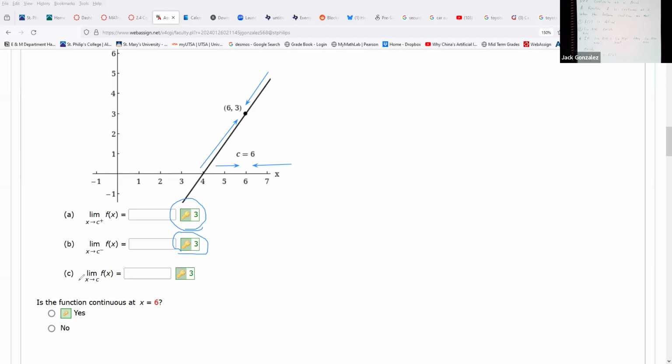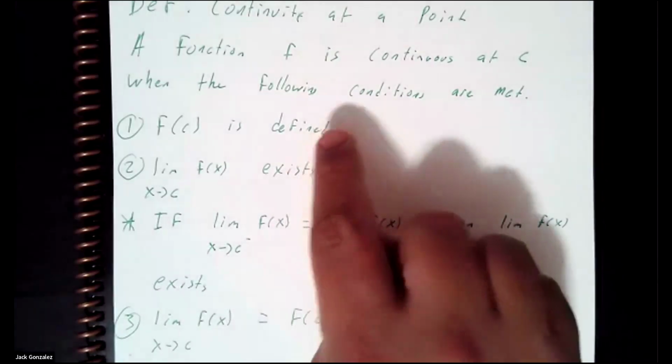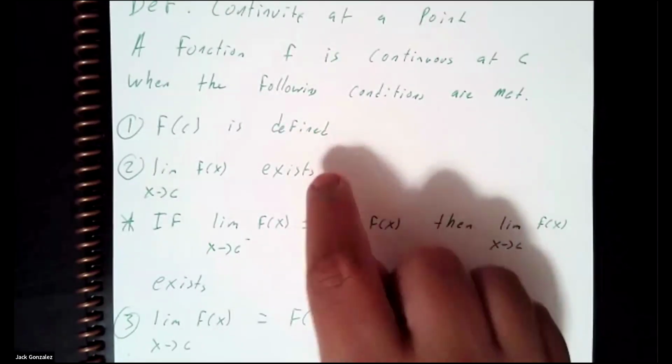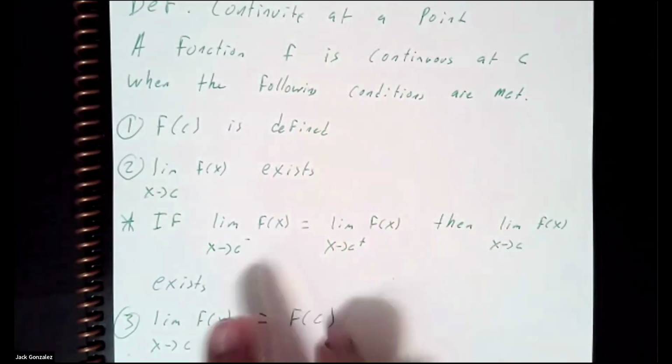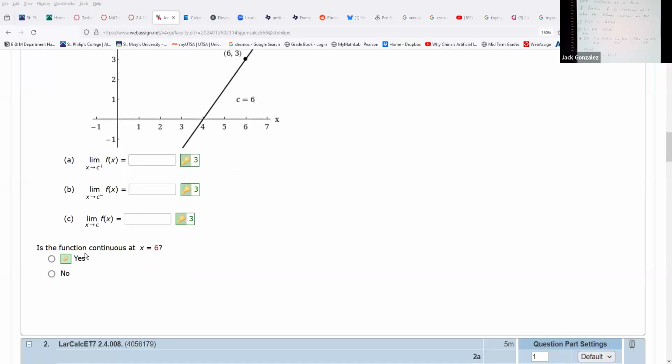Now, does this question obey all those 3 conditions? Yes. This is defined, right? The limit exists, and the limit is equal to the point. So that's what it means to be continuous. So you would say, yes, it's continuous at the point x equal to 6.